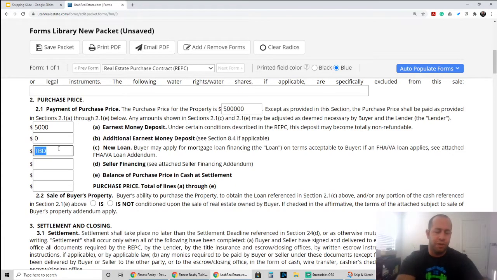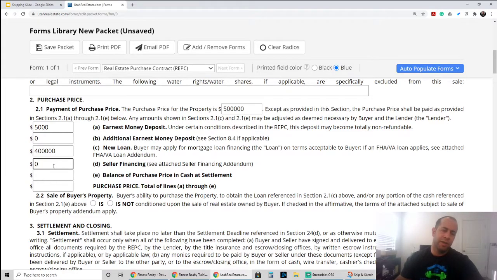So even if you wrote something in here anyways, let's say new loan was going to be $400,000, even if we write that, we can do whatever we want. We can bring more, we can bring less. It doesn't matter because we can change that at a whim.